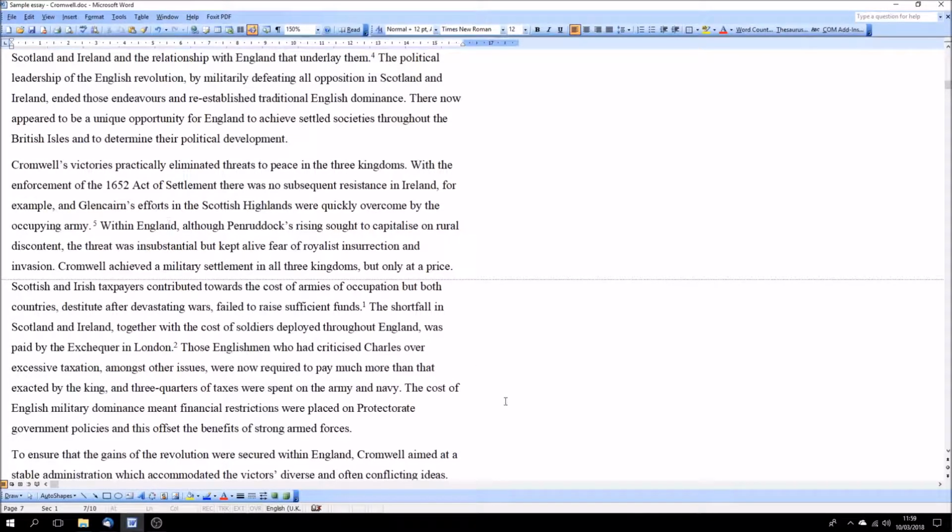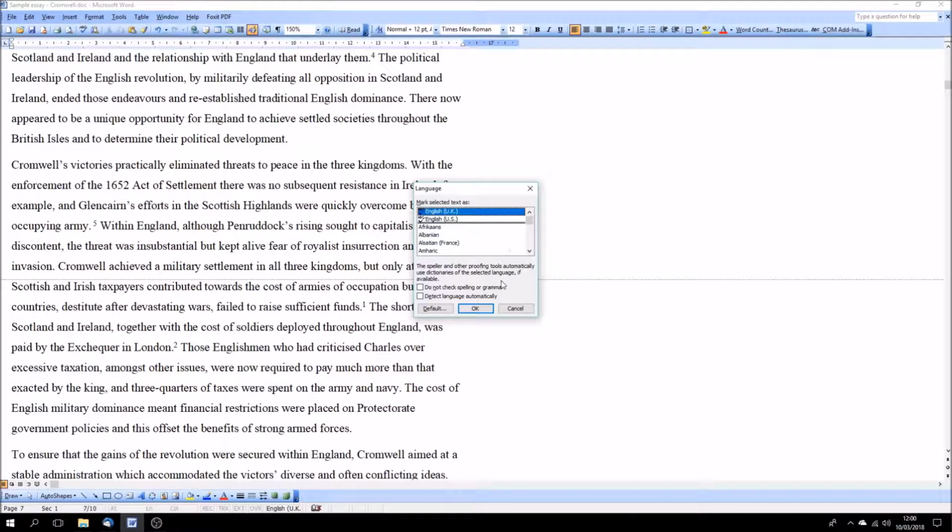Now I've got the UK English dictionary for this essay, but if I was to switch to another English dictionary, for example, where do we do that? Tools, language, set language, here we are.